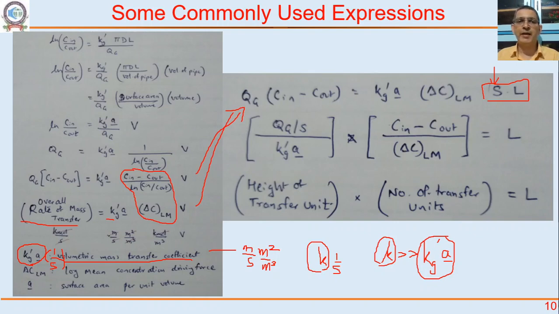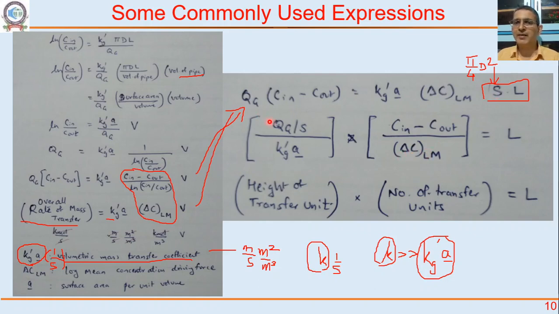So S is pi by 4 d square, not surface area, mind you, the cross-sectional area, and multiplied by L it is the volume of the pipe. I can bring this together as Qg divided by Kga prime multiplied by C in minus C out divided by this delta C Lm.